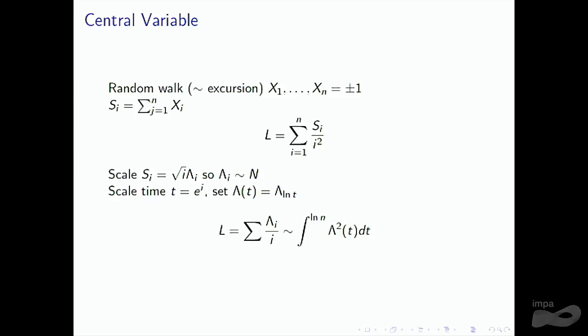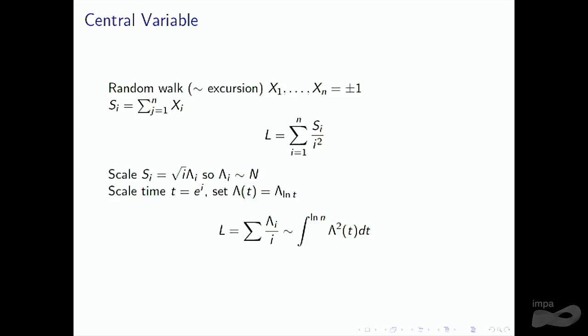We can scale S_i by square root of i, so it's like the number of standard deviations off the mean. So we scale S_i as square root of i times lambda_i, and now lambda_i is standard normal asymptotically, and it further helps to scale time to put time on a logarithmic scale.